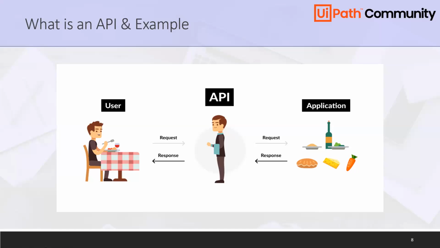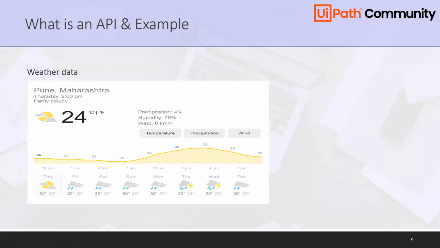Now let's come to the technical perspective of an API. One common example of API usage that we come across on a daily basis is weather data. When you go to Google and search for the weather of your city, you get a response in the search results with the current weather conditions and forecast.